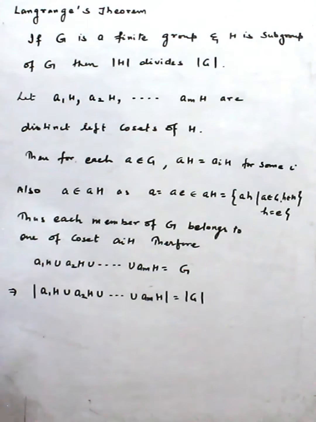Now one more thing we know: two cosets are either equal or disjoint. This theorem we have proved.